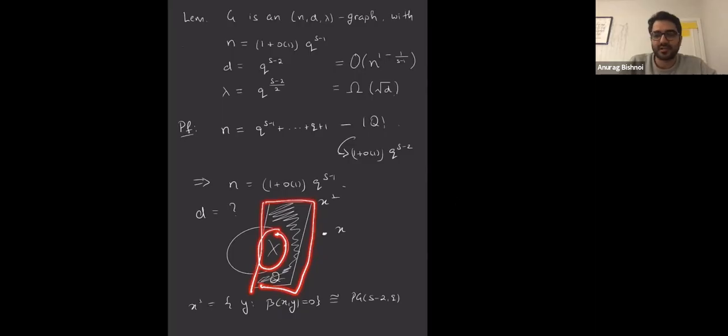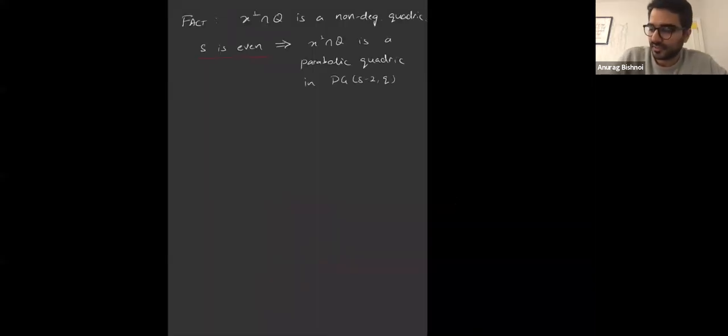So we know how many points we have to remove to get the value of D. So this shows that D is in fact equal to Q to the S minus 2, plus, I can write it in a different way to make things clear, over Q minus 1, this is the number of points, minus the number of points in any parabolic quadric, which is Q to the rank, which is this, minus 1, Q to the S minus 2 over 2 plus 1 divided by Q minus 1.